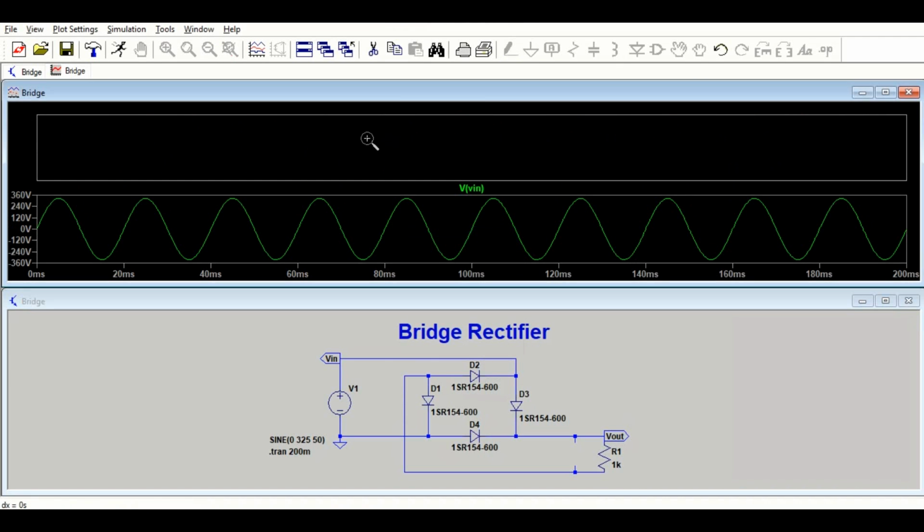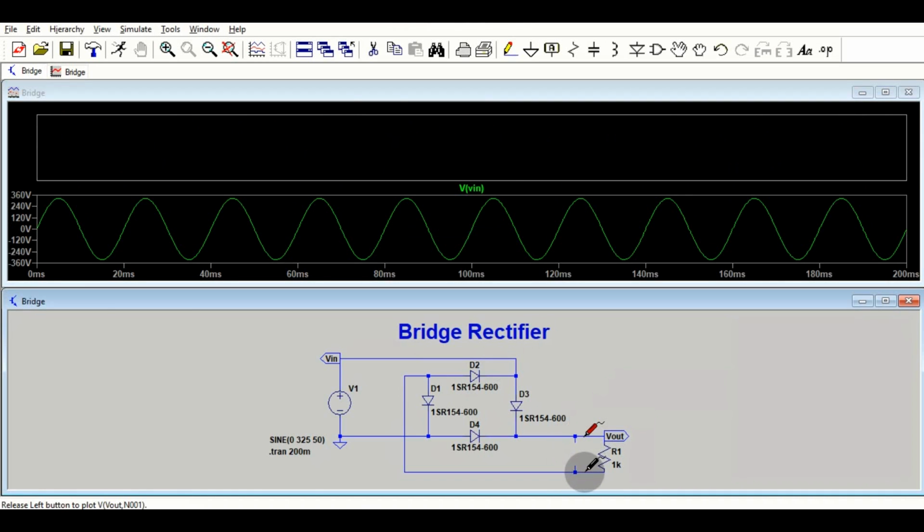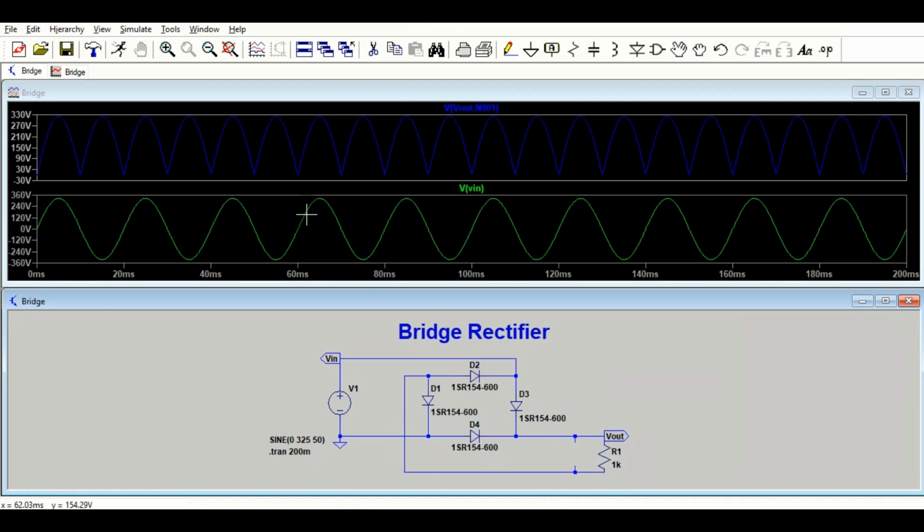So this is the input voltage and this is the output voltage, right? So you can see this is sinusoidal voltage, and here we have pulsating DC, not pure DC.